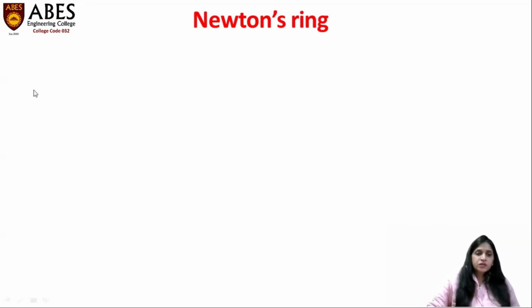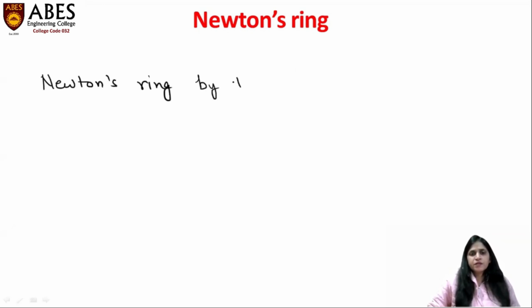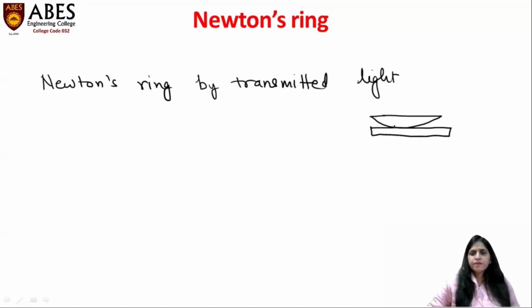Now, if I talk about Newton's ring by transmitted light, what will be the path difference? For transmitted light, we are talking about the plano-convex lens and the glass plate, with an air film of angle theta, and the light is incident normally on this.